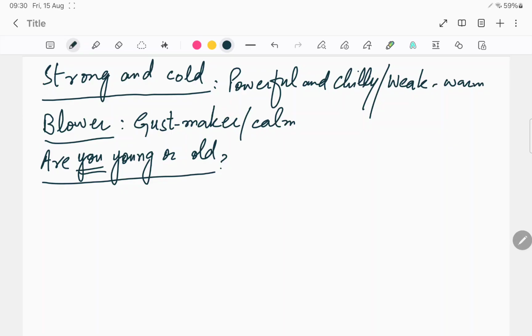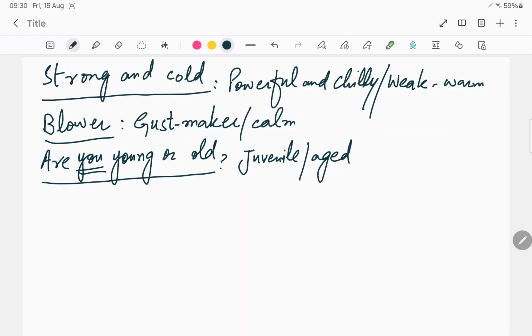So it simply means young can be substituted by the word juvenile, and old obviously can be substituted by aged. So these are the synonyms and antonyms that can be used. Well, what can be the sentence that we have here? She asked the old tree, are you young or old? Obviously, that can also be asked by a young child.